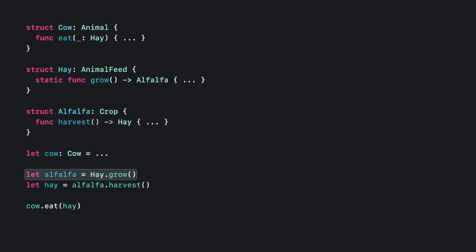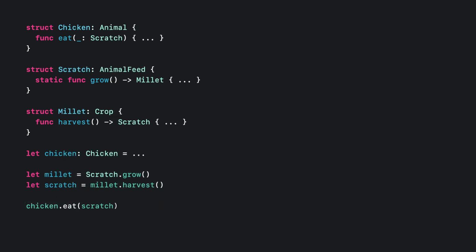This gives us alfalfa, which is harvested and processed into hay that the cow can eat. Here's the second set of concrete types. A chicken eats scratch, so if you bring me a chicken, we first need to grow a type of grain called millet that we harvest and process to produce chicken scratch, which we feed to our chicken.